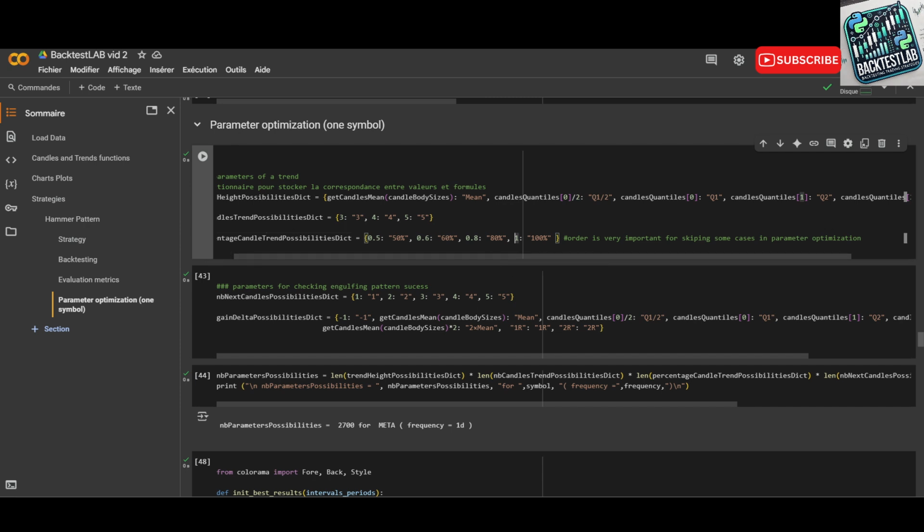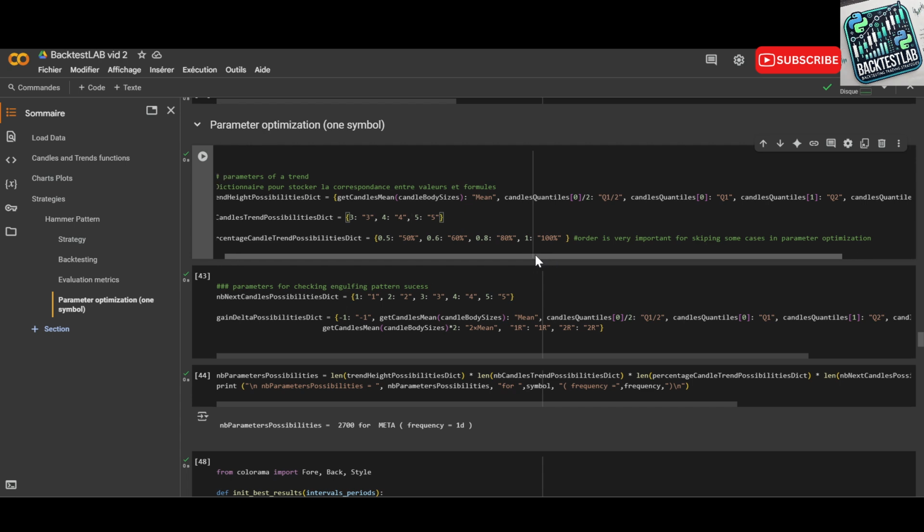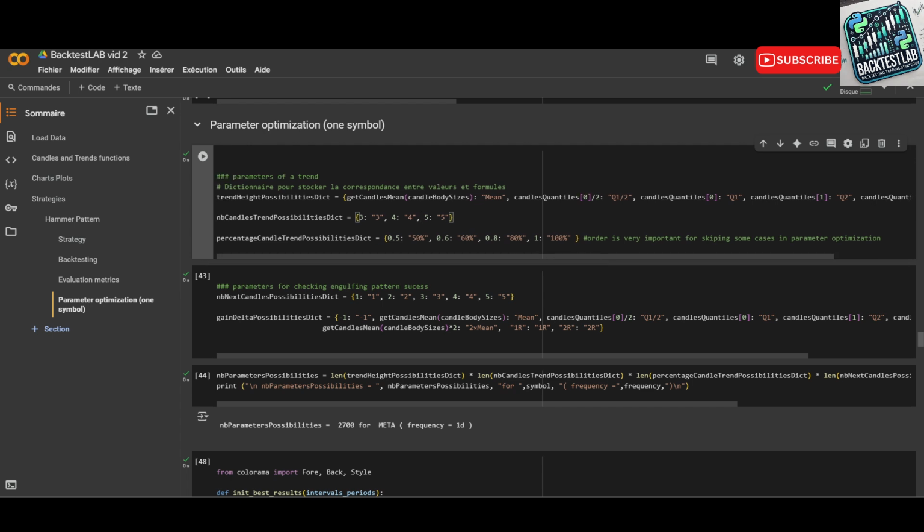So if I put, for example, 100% and 5 candles, that means 5 of them have to be green if I am checking for a bullish trend, or red if I am checking for a bearish trend. These 3 variables define the parameters for detecting the trend and the pattern.